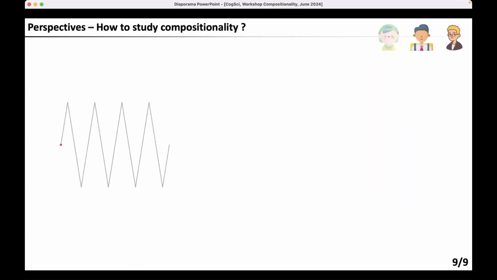And just to end this presentation, I would like to emphasize that this was the very beginning of the journey on this project. The end goal with this paradigm is to study compositionality.